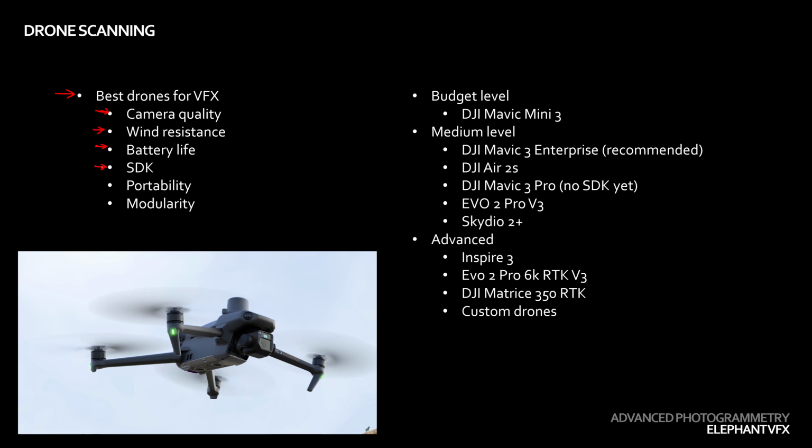Everything that you can automate in a drone, you want to automate. If the SDK of a drone is not published by the company that makes the drone, then third-party apps cannot access the hardware. And that is extremely important because, again, 80% or 85% of what we do in photogrammetry is done with automatic mission plans. So that is extremely important. And not all the drones have the SDK available. We're going to talk about that right now in a minute.